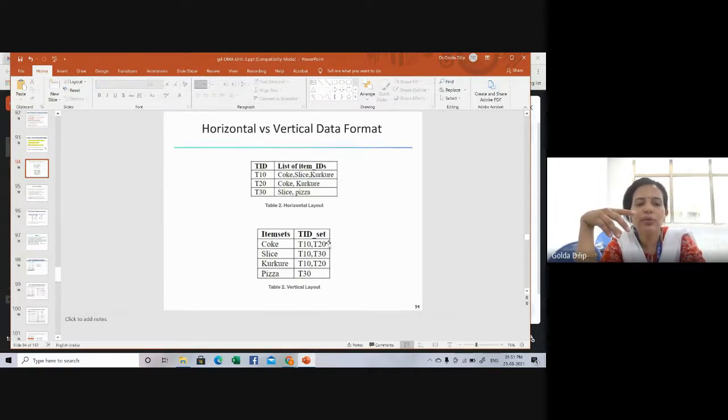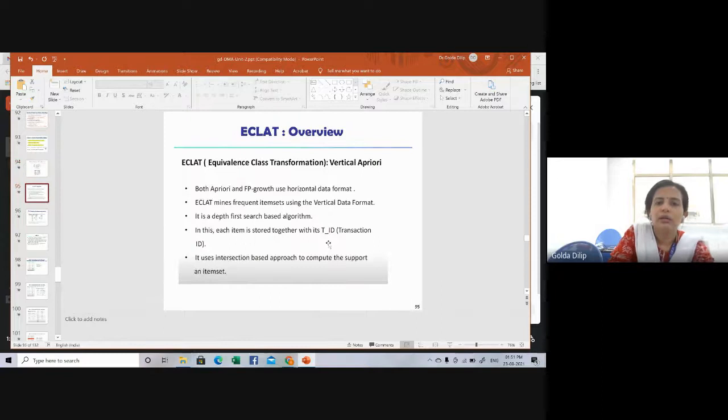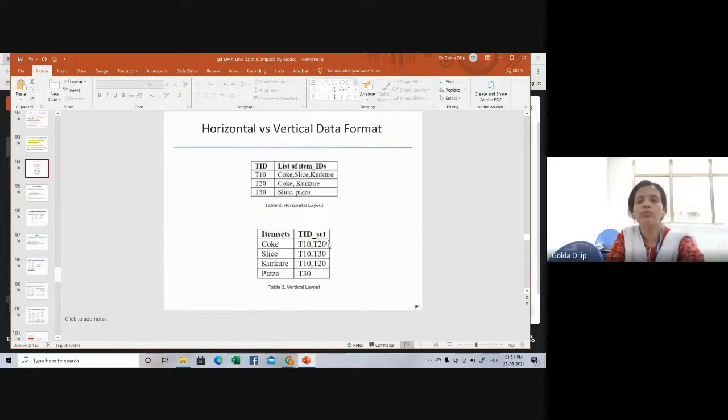Now we are going to discuss another algorithm called the Equivalence Class Transformation algorithm, the ECLAT algorithm, which makes use of the vertical data format. The algorithms which work on vertical data formats are considered much faster compared to those that deal with horizontal data formats.